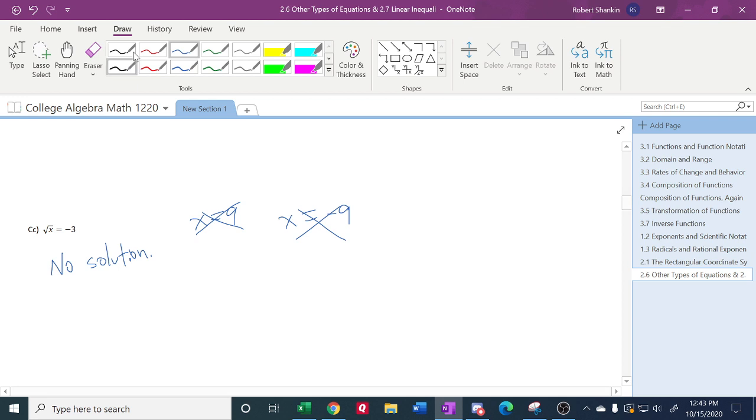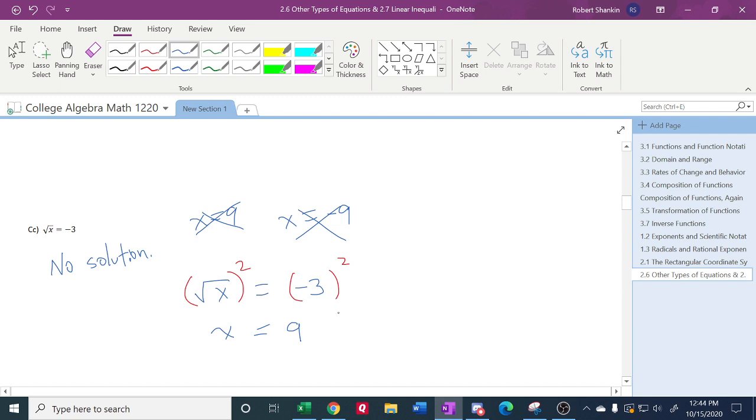But there's something very important I need to point out here. If you did the solution process, and we square both sides, these would cancel out, square root and the square, and you'd get positive 9.